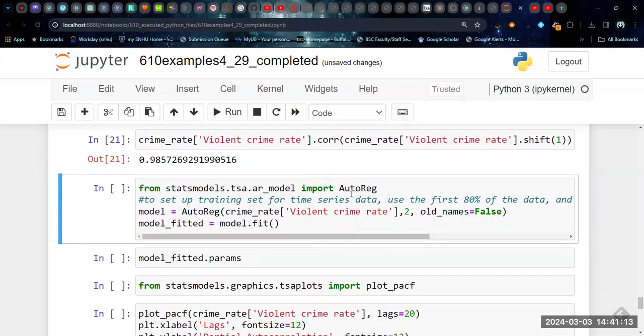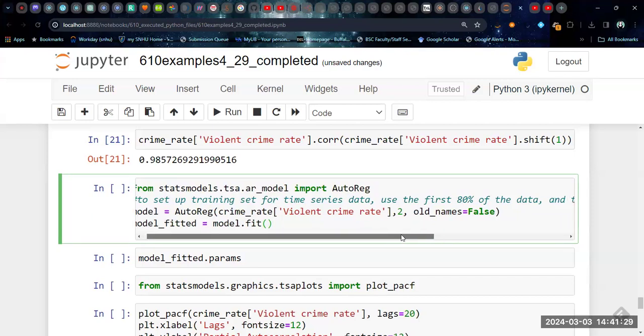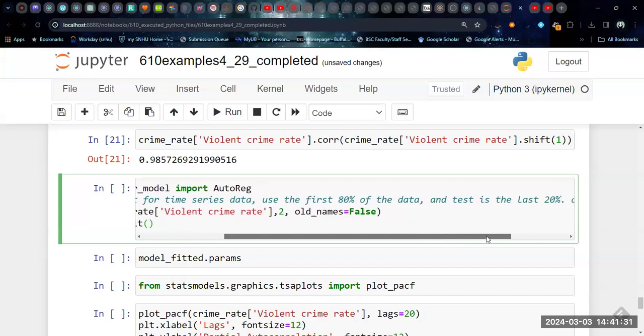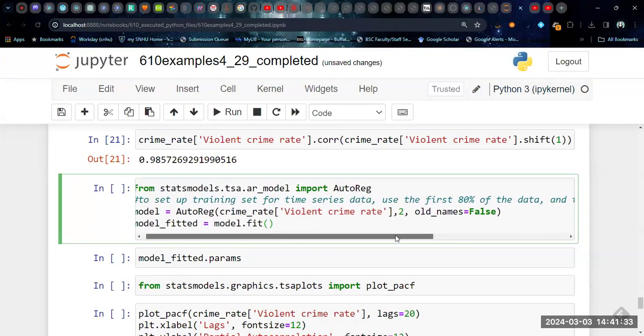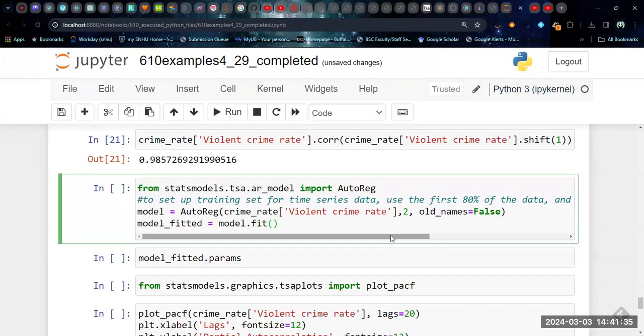Now, we can import the autoregression model from the statsmodels package, and we're going to do an autoregression model. We're going to take 2 lags in order to fit our model. And then, if we want to use the training test data split, we don't do randomization for time series data.